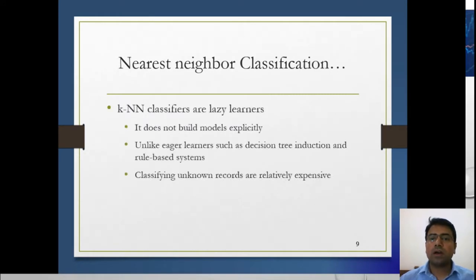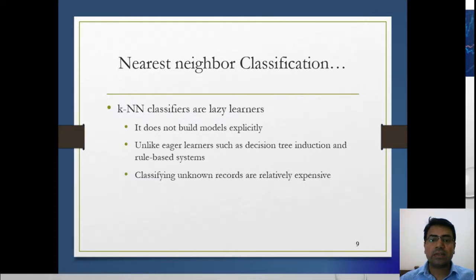K-nearest neighbors are also called lazy learners. As a property of lazy learners, they do not develop any model explicitly. On the other hand, there are eager learners such as decision tree and neural network. They do make a model and utilize this model to perform the prediction.